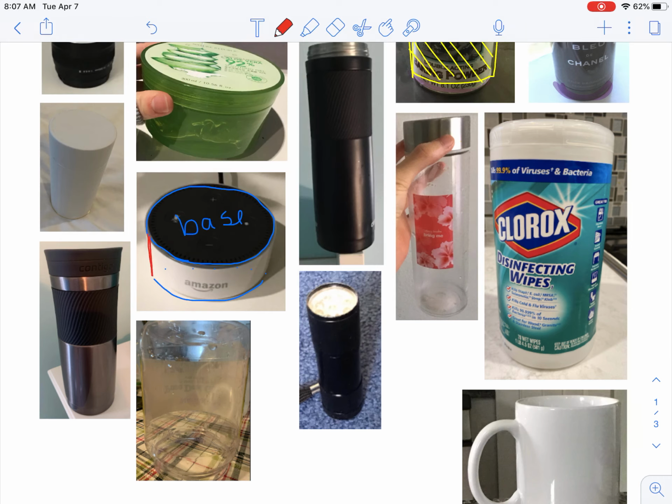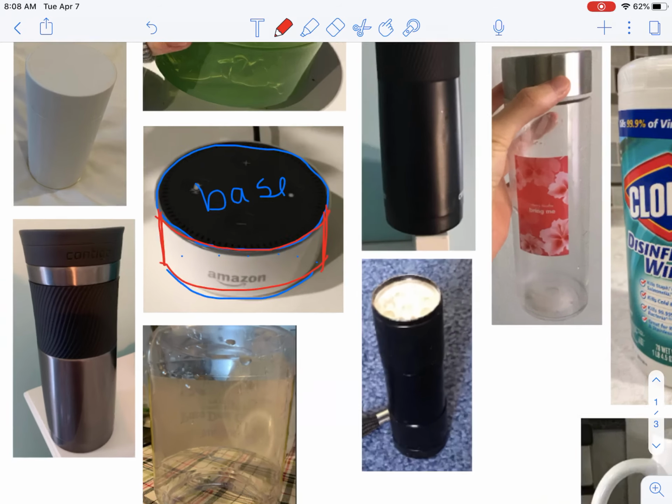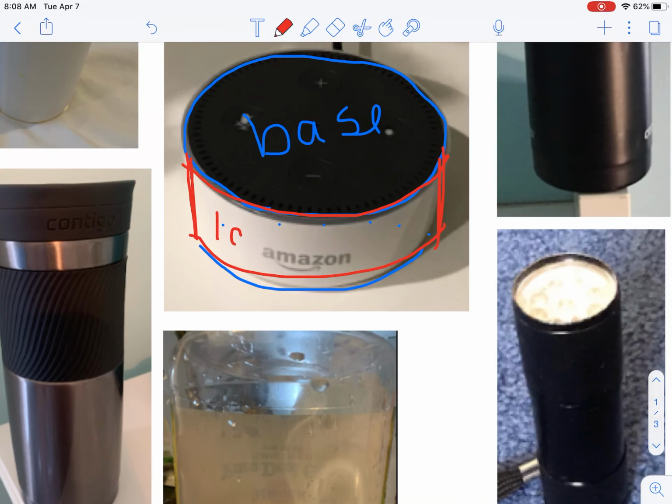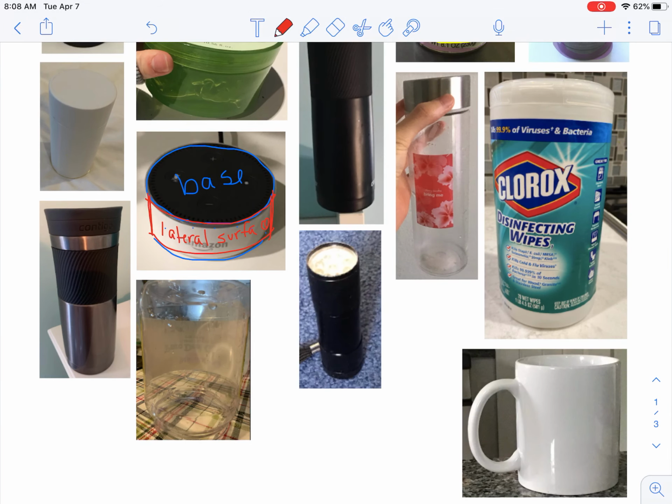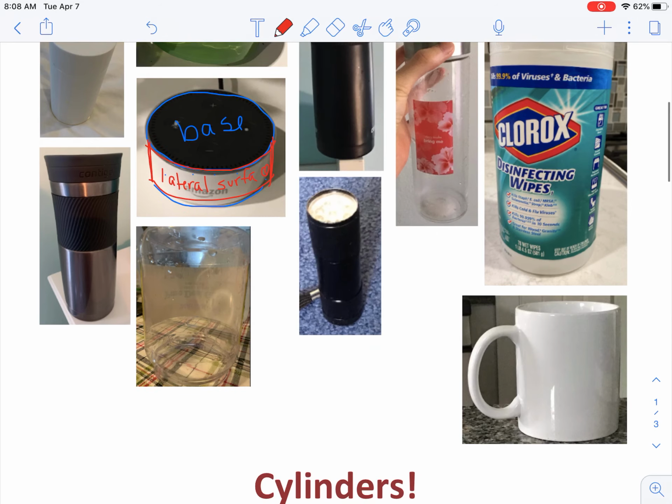And then I have the lateral surface that's wrapping around the whole thing. Okay, and that's all a cylinder is. And these are some pretty nice ones you guys came up with. It's probably the most common one that's found around the house, right?